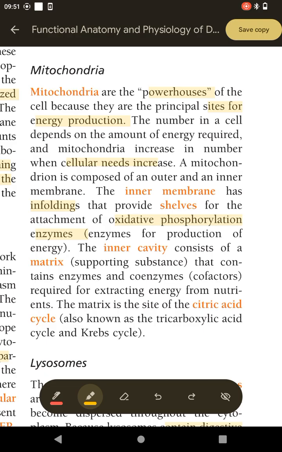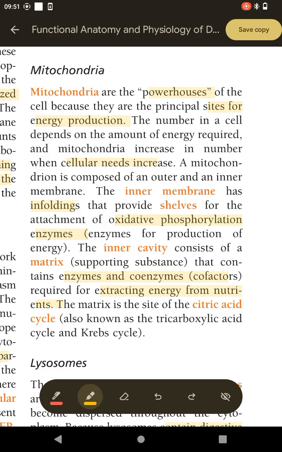The inner cavity consists of the matrix, a supporting substance that contains enzymes and coenzymes required for extraction of energy from nutrients like glucose, amino acids, free fatty acids, and others.